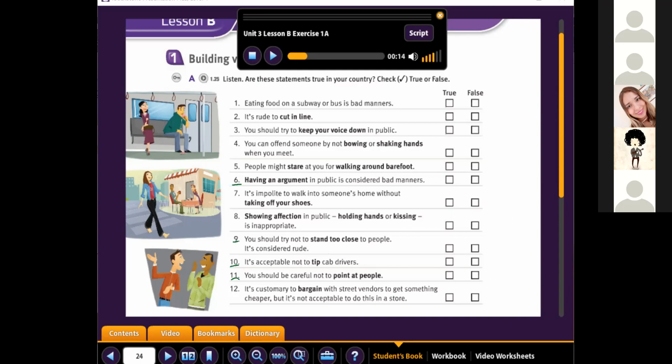Let's see, now from Maffer, or I think your microphone wasn't working. So let's see from Erika. Erika, please help me reading the last statement. Perdón, teacher, ¿cuál dijo? Si me ayudas leyendo el número 12. The 12th statement. It's customary to bargain with street vendors to get something cheaper, but it's not acceptable to do this in a store.